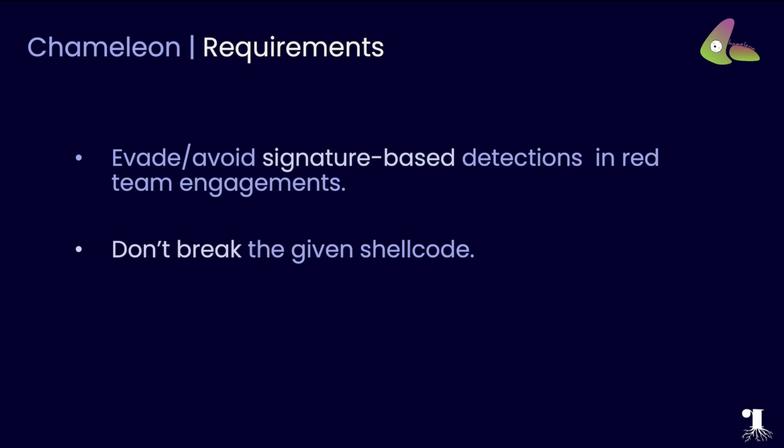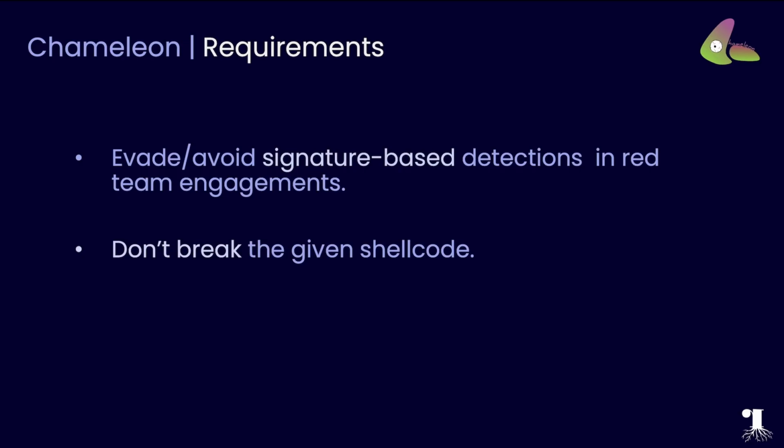That's why I started creating Chameleon. And then we also don't want to break the given shellcode that we want to polymorph, which is kind of an obvious statement, but it was really hard at the beginning of the process.